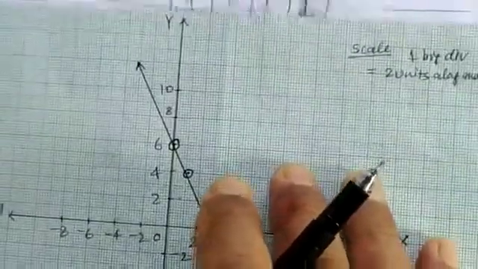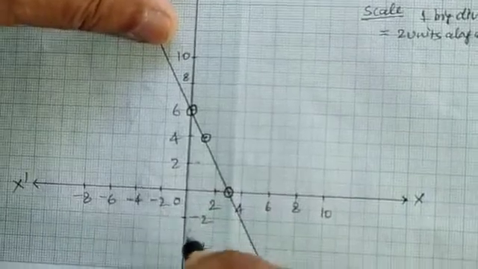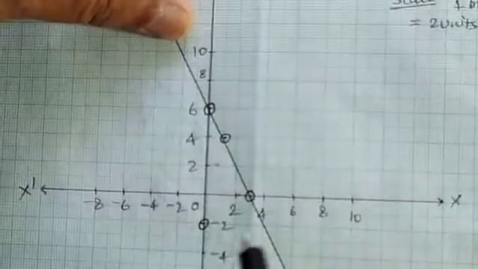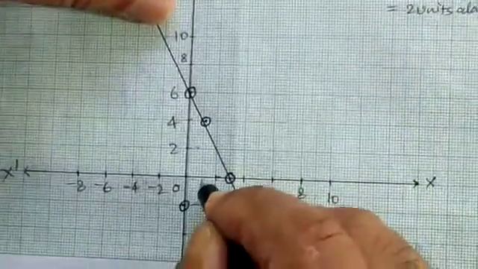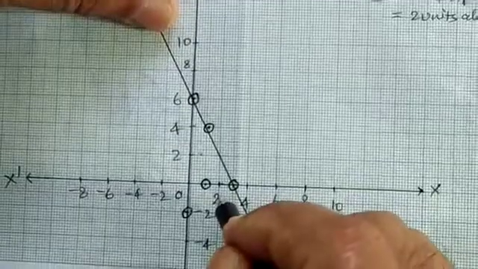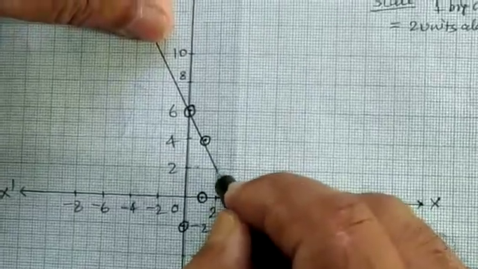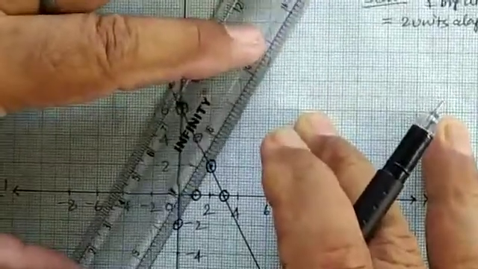For the second equation, x is 0, then y is minus 2, this point. And for 1 it is 0. And for 2 it is coming again 2. So we can plot them.